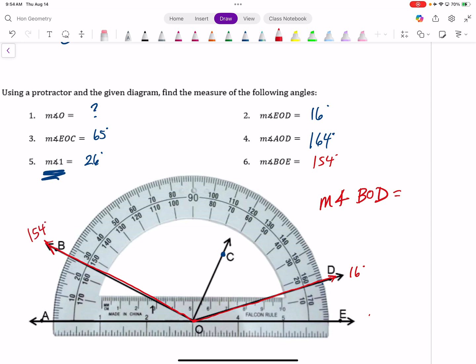Why did I say 164 before? Yeah, that's 154. So the difference between those, well, this is weird.